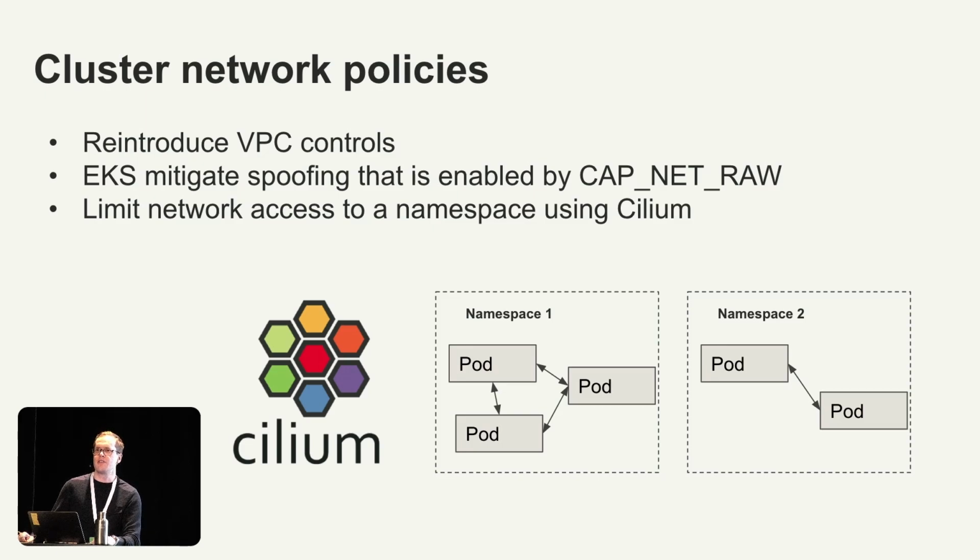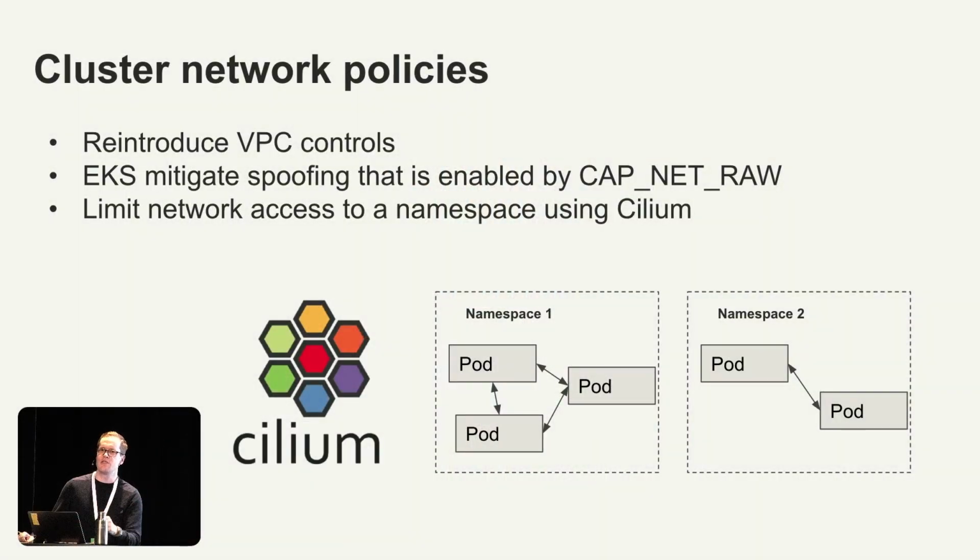And Cilium makes it easy to have a coarse-grained restriction on your network. So basically, there's this concept of namespaces that isolate resources in Kubernetes, both from an RBAC perspective and here, when using Cilium, at the network level. So it's very easy to do this coarse-grain isolation.